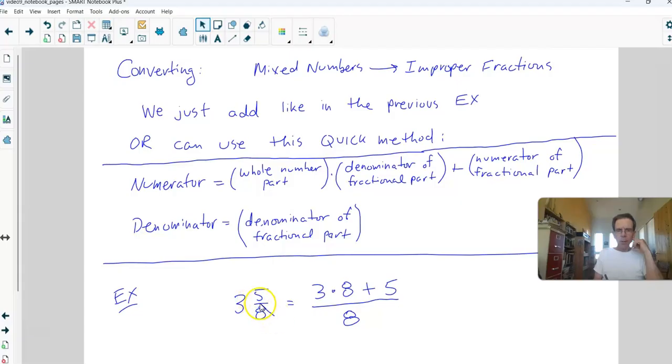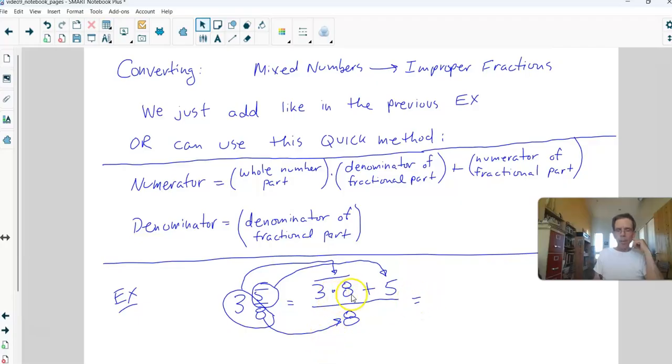So to reiterate, we're taking these two numbers, the 3 and the 8, the whole number part and the denominator, and that's giving us this product here. And then the 5 is coming from this numerator here. And then the 8 denominator is going to go here.